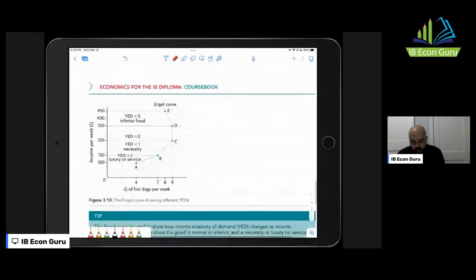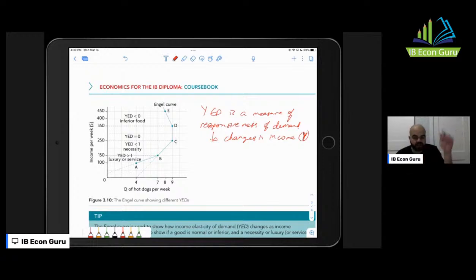All right, let's talk about YED. So YED is a measure of responsiveness or sensitivity of demand to changes in income. Income is denoted Y, not I. I often stands for investment, which is a macroeconomic thing.